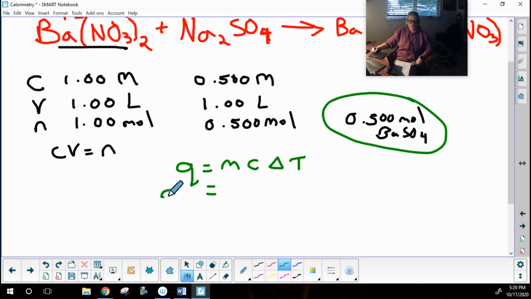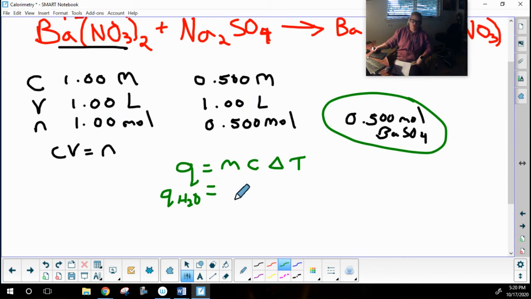So we are actually figuring the heat of the water, and the heat that was added to the water is going to be equal and opposite to the heat that was lost by the reactants. We also know that since this is mostly water, and the density of water is 1 gram per milliliter, and I've got 2 liters worth of solution here, so I've got 2,000 milliliters of solution.